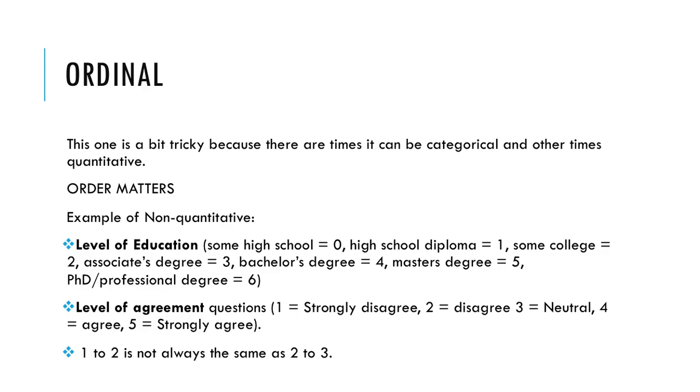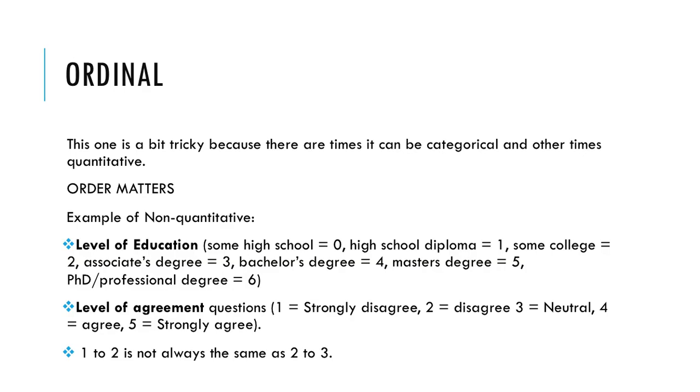Technically, Likert items like strongly disagree, disagree, neutral, agree, and strongly agree are ordinal, because we don't really know, as much as we would like to infer, that the difference between strongly disagree and disagree would be the same as disagree and neutral. We don't necessarily know that for sure. So technically this is ordinal.